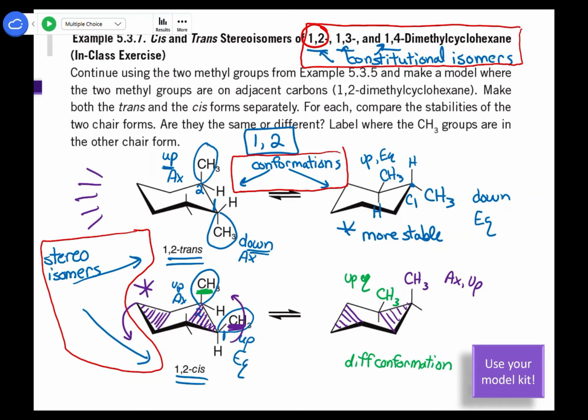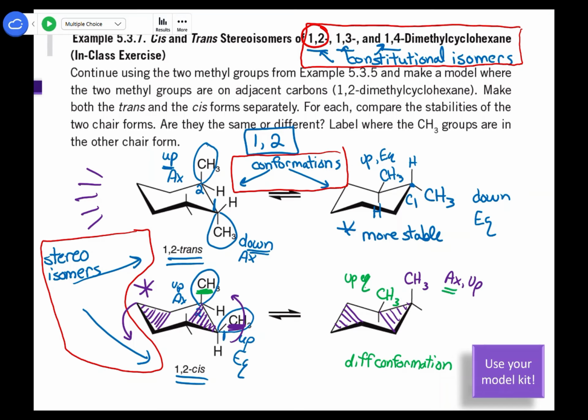So we can analyze these 2 conformations of the same molecule, 1,2 cis, and we have to decide which one is more stable. Who says the one on the left is more stable? Who says the one on the right is more stable? Who says they're both the same energy? And I agree. They have the same energy because they each have one axial and one equatorial.